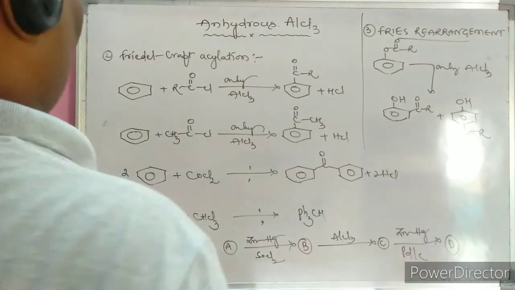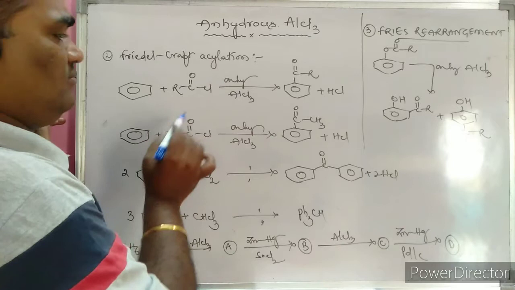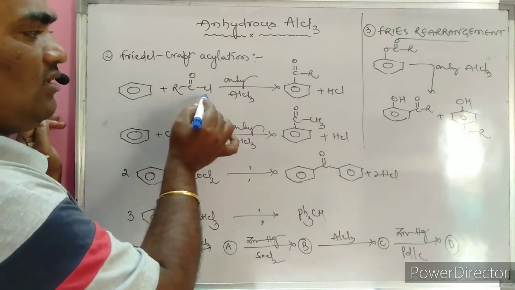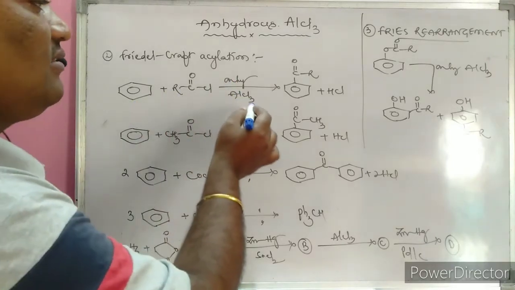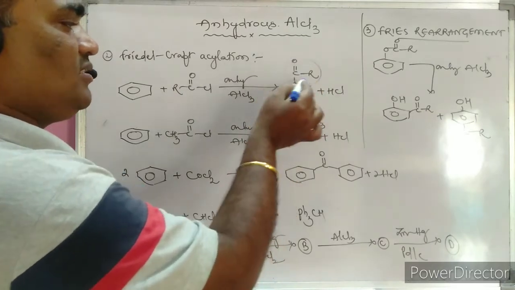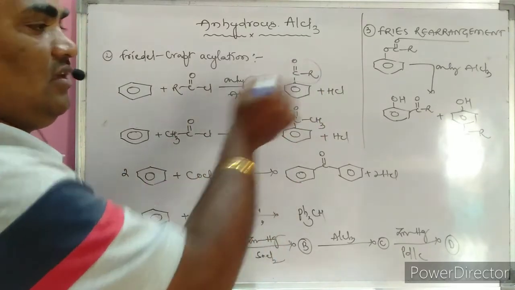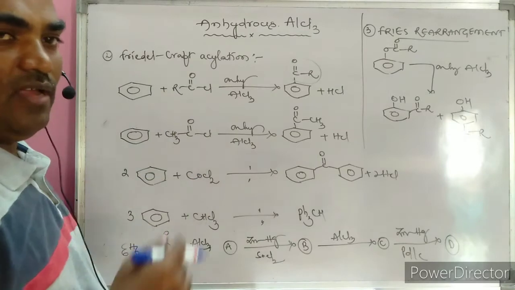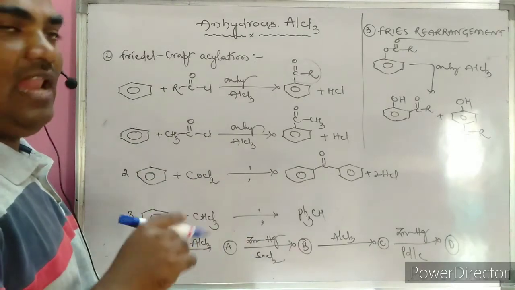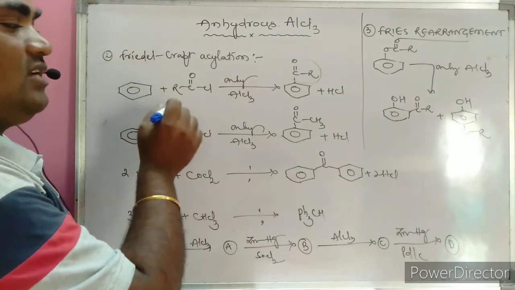Second application, Friedel-Crafts acylation. Here benzene reacts with acyl chloride in presence of anhydrous AlCl3. Simply, the acyl group gets substituted on the benzene. We know well benzene always undergoes electrophilic substitution reactions only.